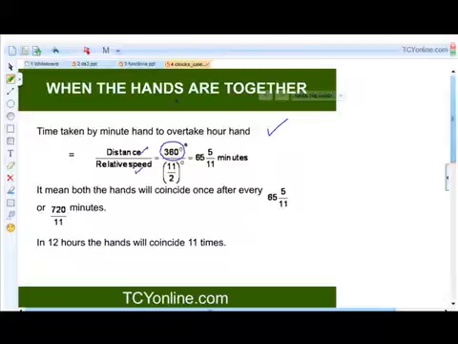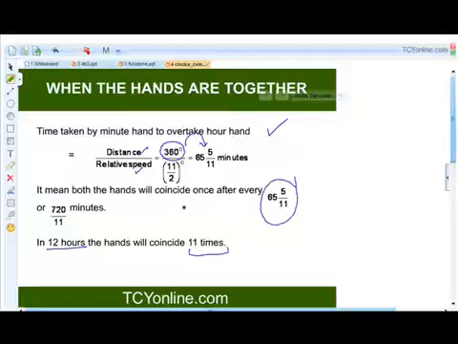On solving this, we get 65 5/11 minutes. So in other words, both the hands will coincide after every 65 5/11 or 720 over 11 minutes. Remember, in 12 hours the hands will coincide 11 times.